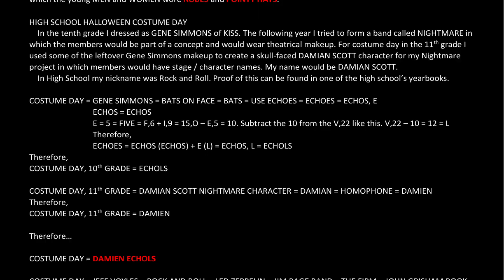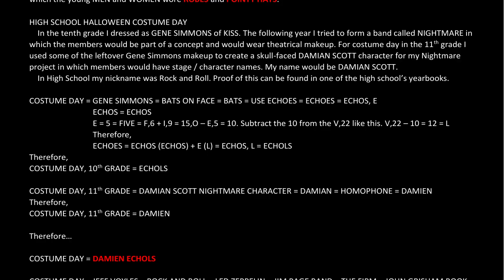The character I created for myself is called Damien Scott, and my makeup design was based on a skull face look. For the Damien Scott character, I used some of my Gene Simmons makeup left over from the 10th grade. In 11th grade, I used it to create the skull face for Damien Scott.